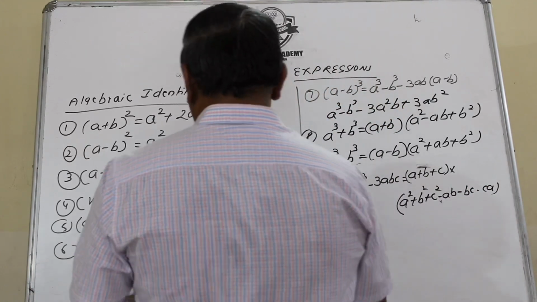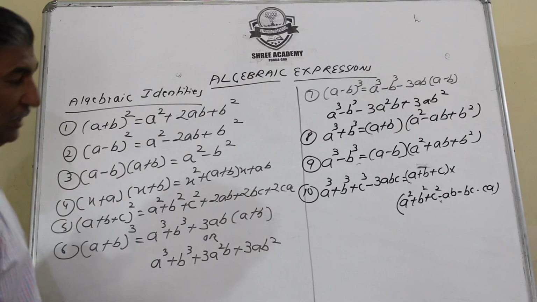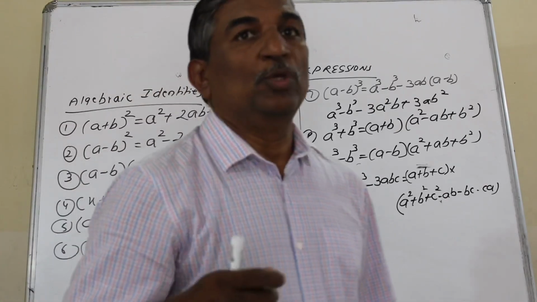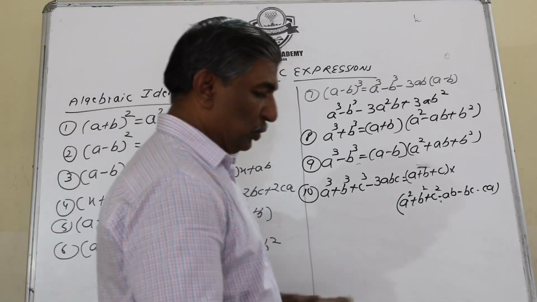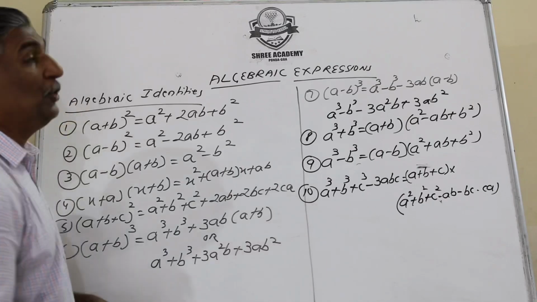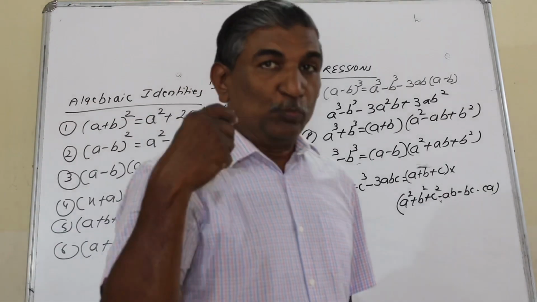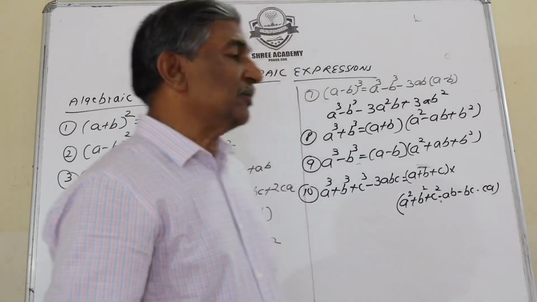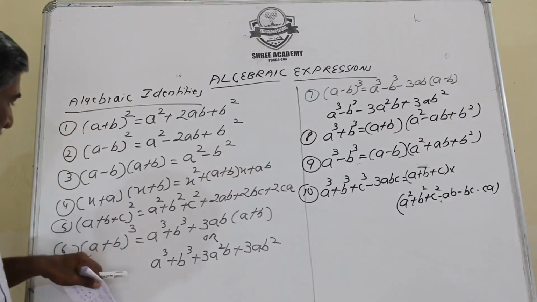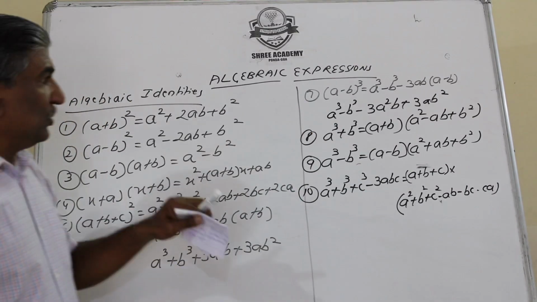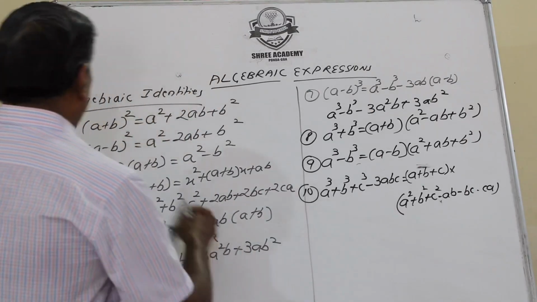So friends, these are the 10 most important identities which will help you in the 9th and the 10th standard. Remember, it is also useful, I told you, for trigonometry. When you learn trigonometry, you will have to prove some things, and when you are proving some things, you may find this, and 3-4 identities which are even important in trigonometry.